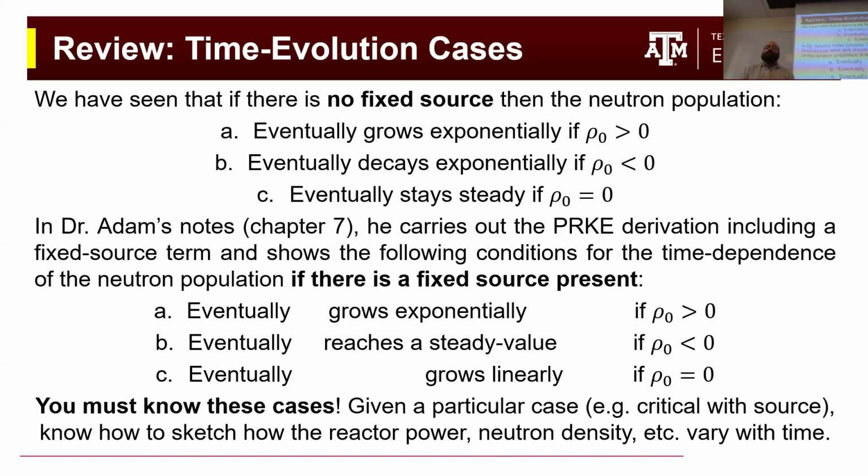Is it critical, supercritical, or subcritical? We want to know these different cases because I could ask you about any of them and say, in this case, draw me a graph that shows how the behavior of my power, my neutron density, or any integral property changes with time. If you know these cases, you can identify which case you have, and then draw the right graph.